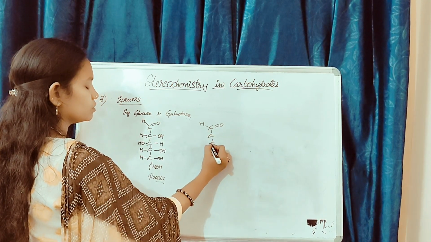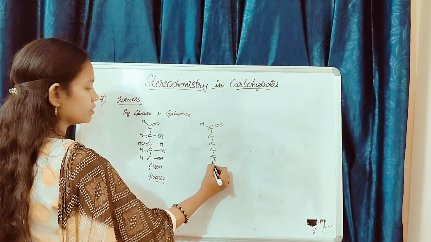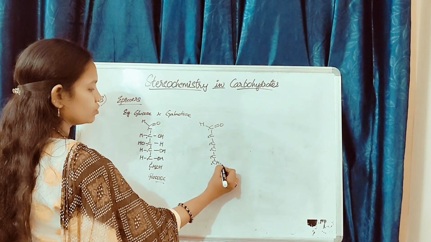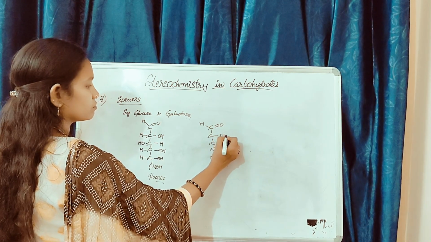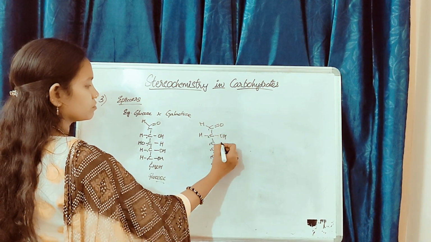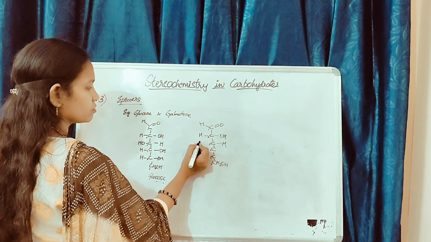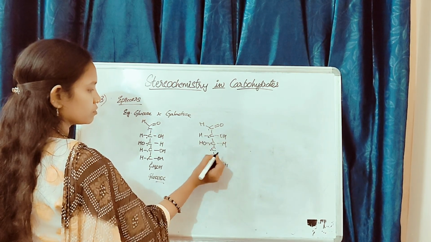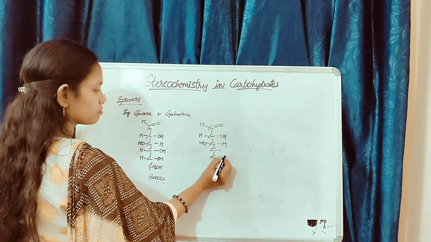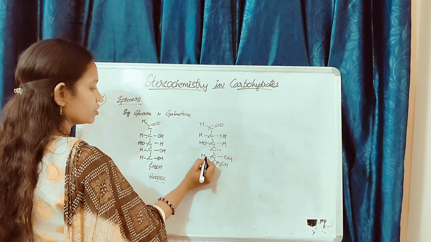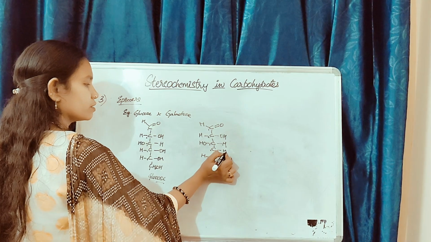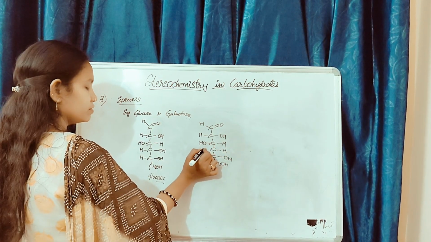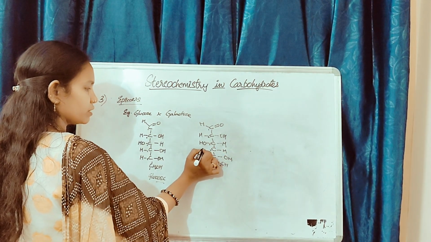One, 2, 3, 4, 5, 6. CH2OH. So there will be a change in the difference in fourth carbon configuration.